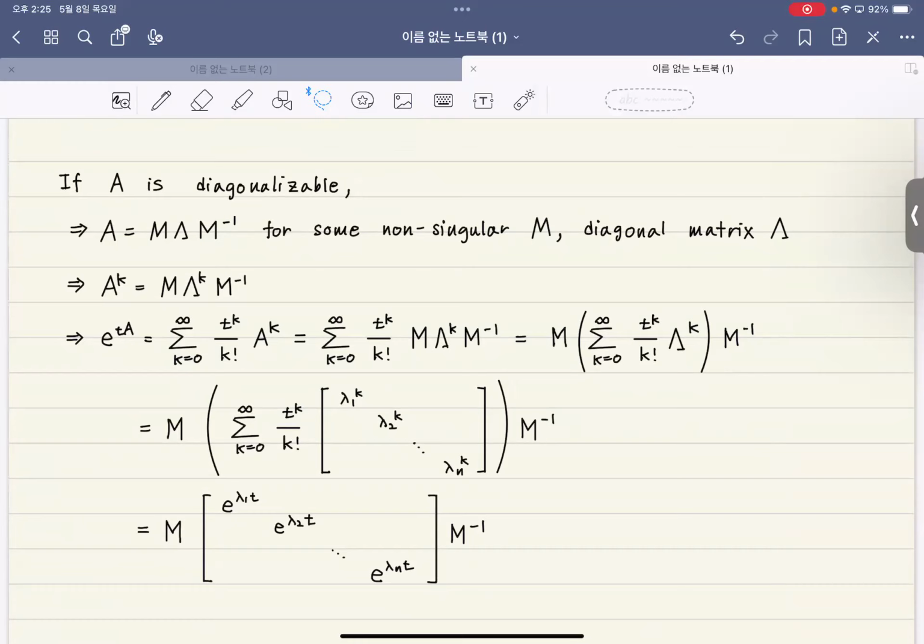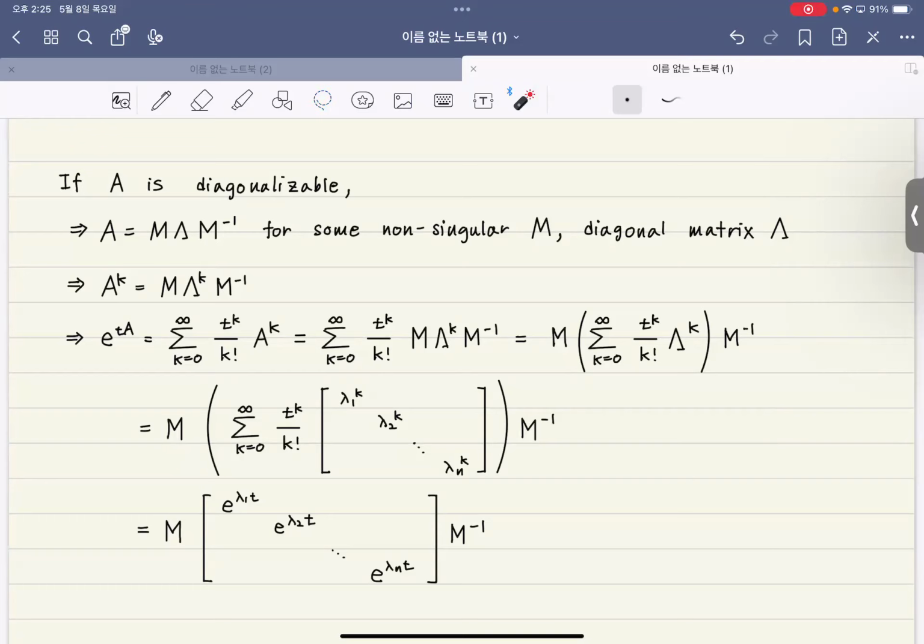Then I have some non-singular matrix M, whose columns are eigenvectors of the matrix A, and M times the diagonal matrix lambda times M inverse should be A. This should be the diagonalization of the matrix A. And raising the original matrix A to the k-th power gives M times lambda to the k times M inverse, right?